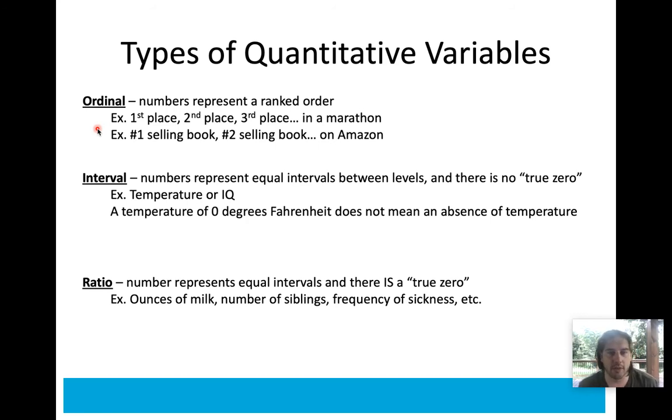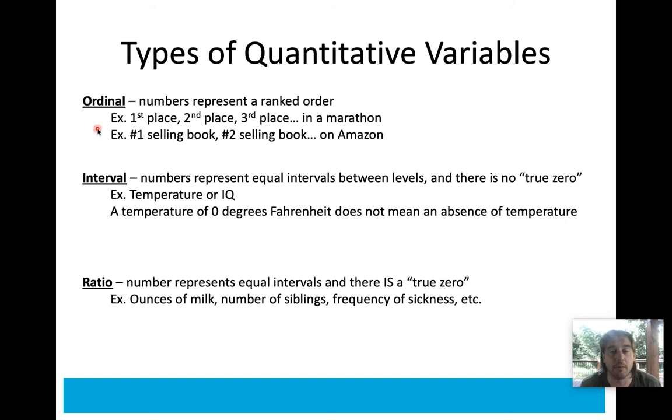There's the number one selling, number two selling, number three selling book on Amazon or the New York Times bestsellers list. When you graduated high school, you probably got a class rank. You were 12 out of 150 or 45 out of 378 students. You were rank ordered. So anything that puts people into a rank order is an ordinal quantitative variable.